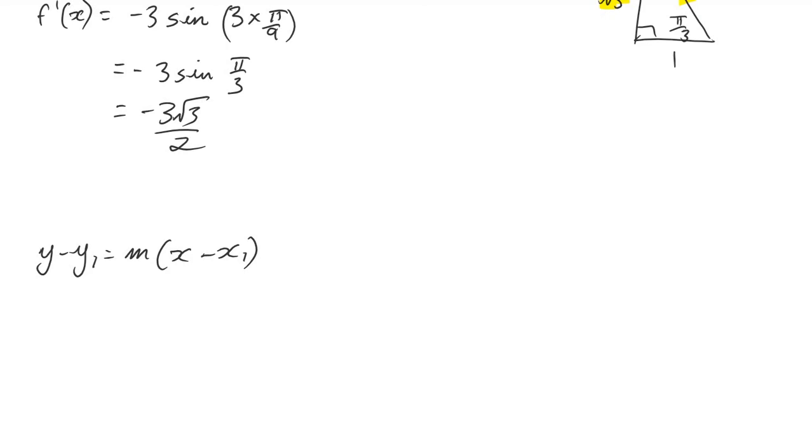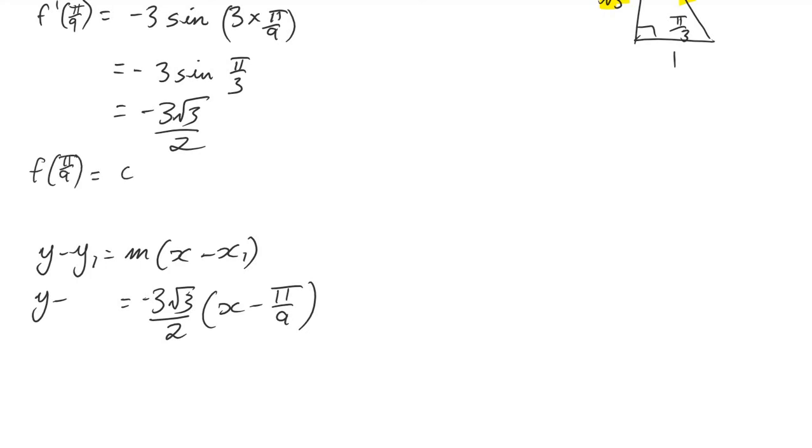So we have a gradient now, and we have our x value, but we do not have a y coordinate. And to get that, we substitute pi over 9 into the original function, which was cos of 3x.